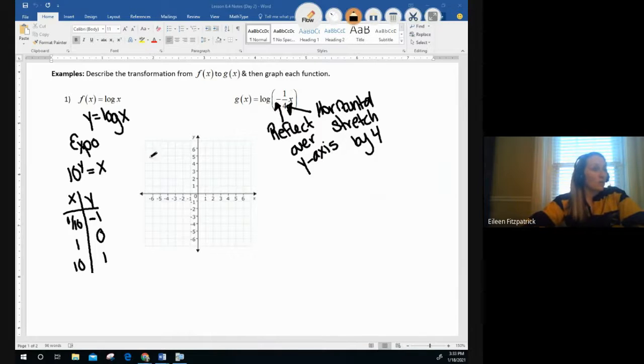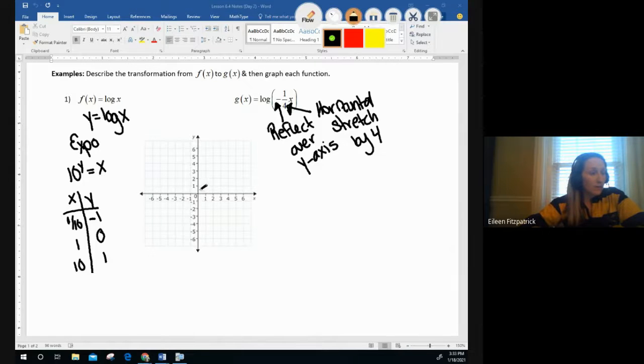So for the f of x function, I'm going to plot 1/10, -1, so super close to the y-axis, and then 1, 0, and then 10, 1. Did I do this? Oh, I'm sorry. Let me start over. I don't know why I was going negative. Sorry. Positive 1/10, -1.